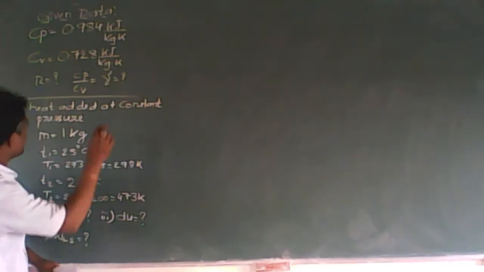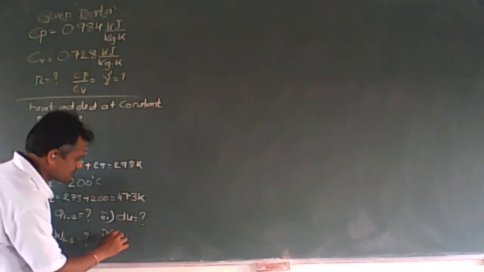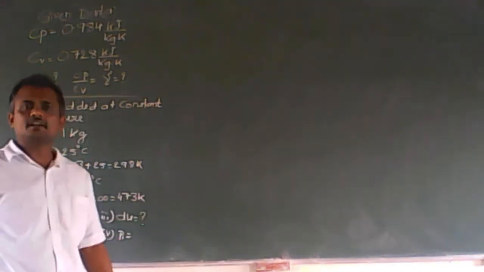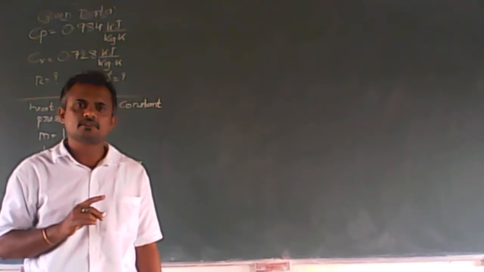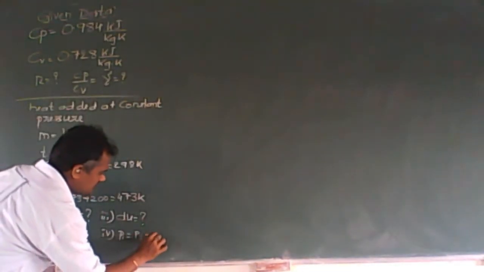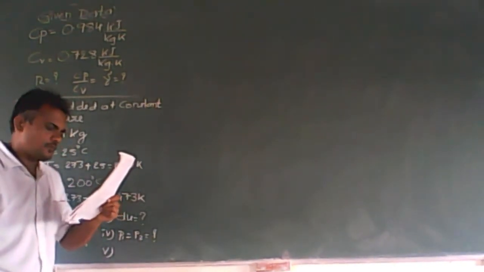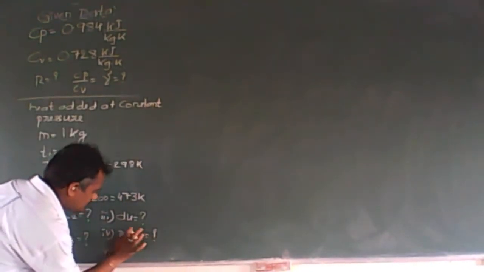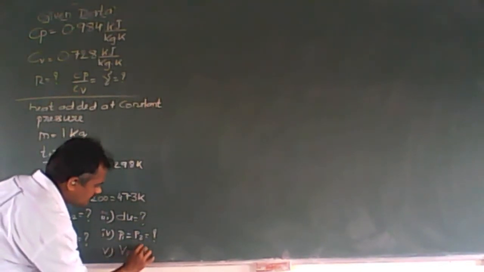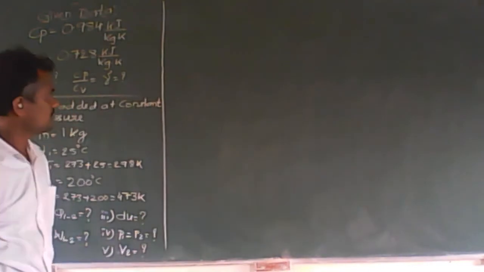The pressure we don't know. As you know that it is a constant pressure process, we take P1 equals P2, equals unknown. The fifth one is the final volume, V2. This much we have to calculate.